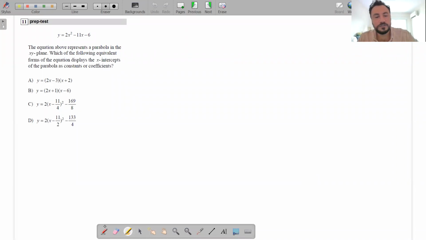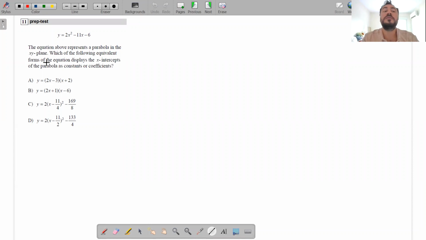And lastly, let's solve this one. The reason why I want to solve this one is that here we solved many types of polynomials or trinomials in different ways. But sometimes for the SAT, you need to just work smarter. On question number 11, we have this trinomial, and the question says, the equation above represents a parabola in the xy plane.